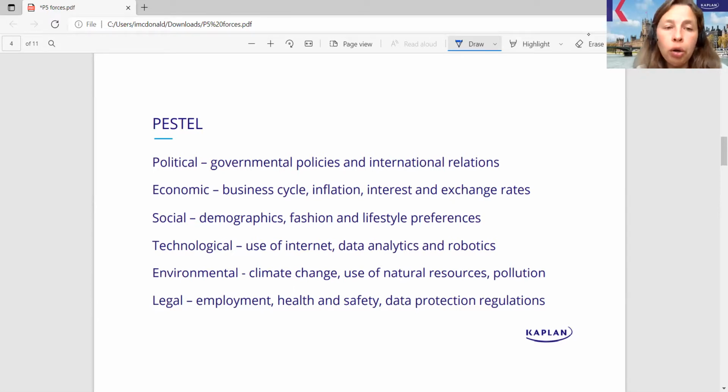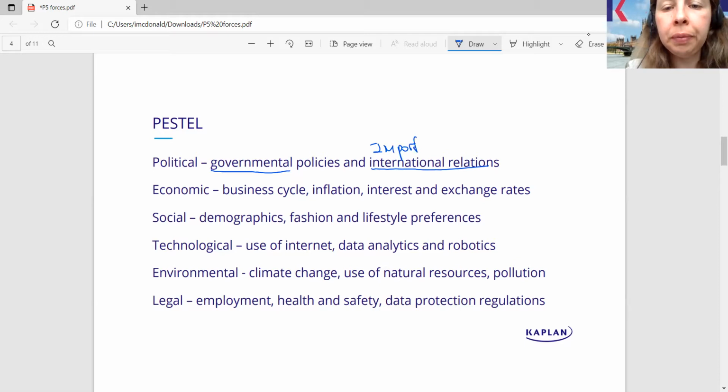When we talk about politics, we consider the actions of the government. What are the policies that the government will put in place? For example, those policies could have to do with international relationships. Think about imports and exports.